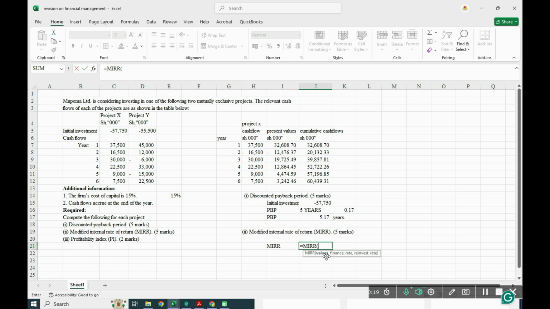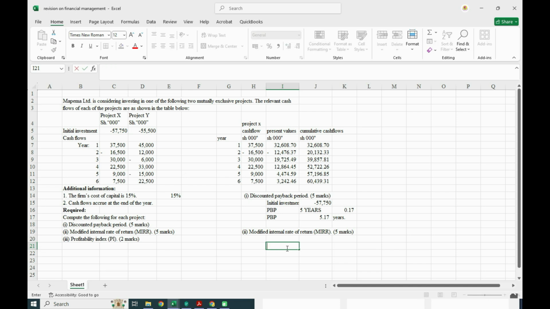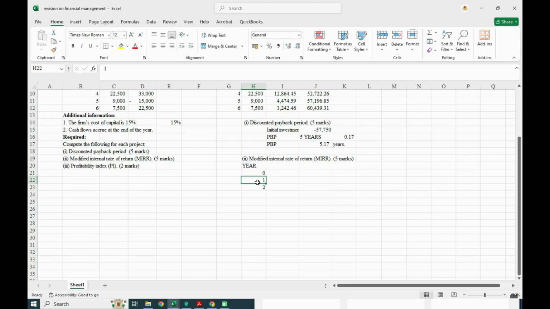So just take our cash flow the way they are. When we are dealing with MIRR, we need all the cash flow. Allow me to restate this. So we shall have our year, and start from 0, then 1, then 2, then I will autofill this to 6, then our cash flow.